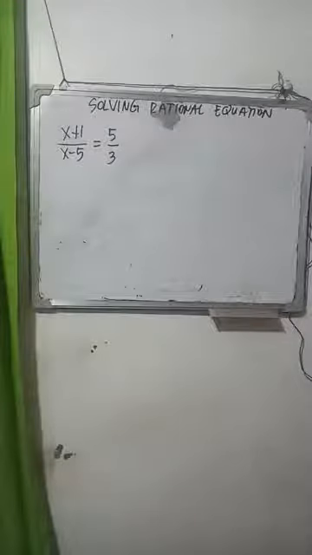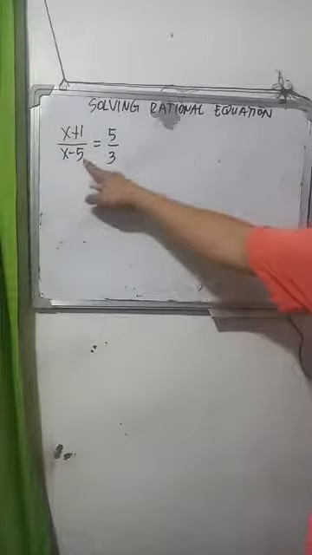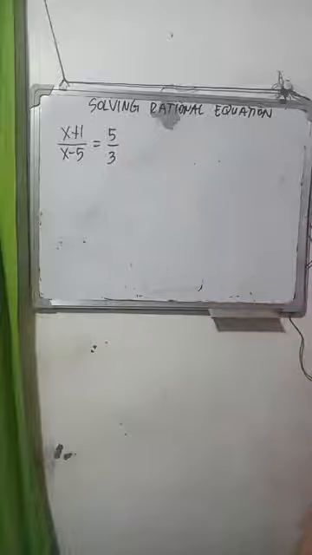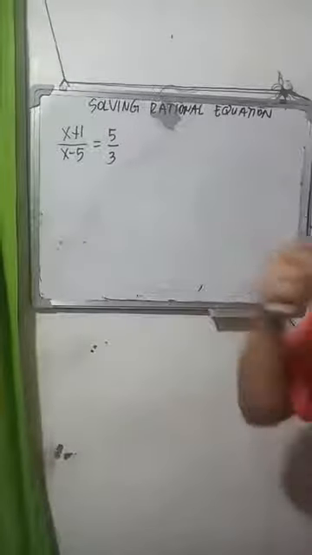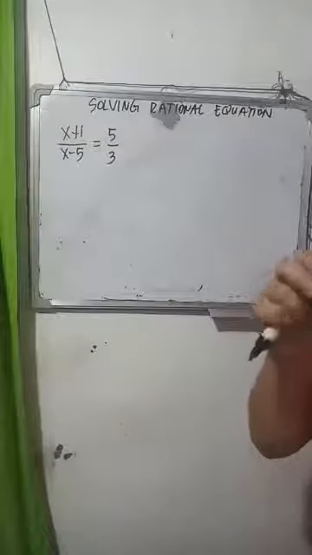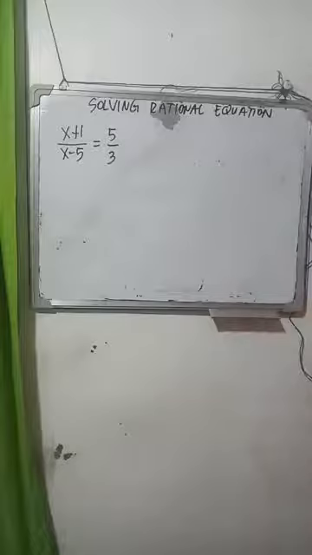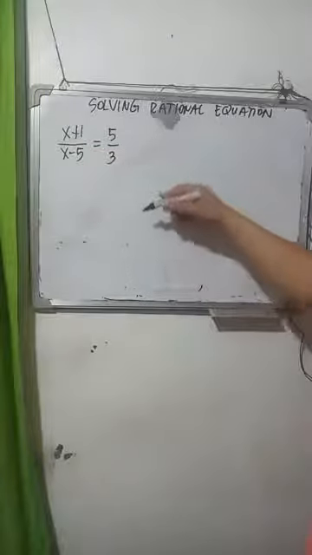That is rational equation. Okay, you can cross multiply or proceed to steps. You need to eliminate the rational expression by multiplying both sides of the equation by the LCD. But in this given example, cross multiply lang natin ito.